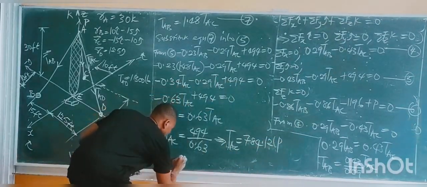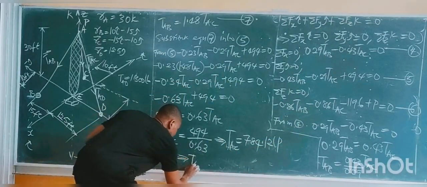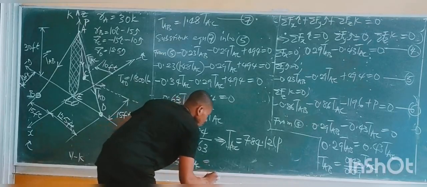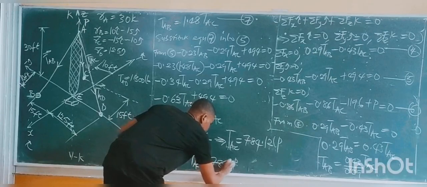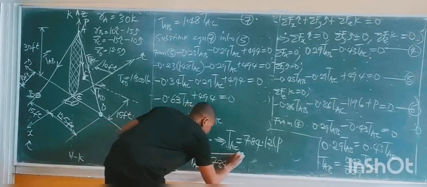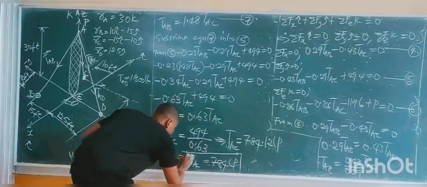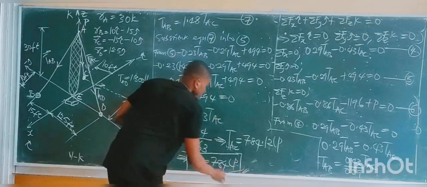So we can approximate the tension in the AC to be 784 pounds.